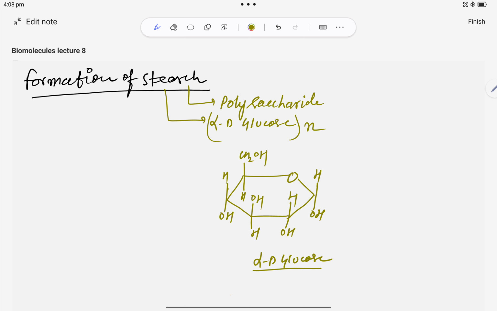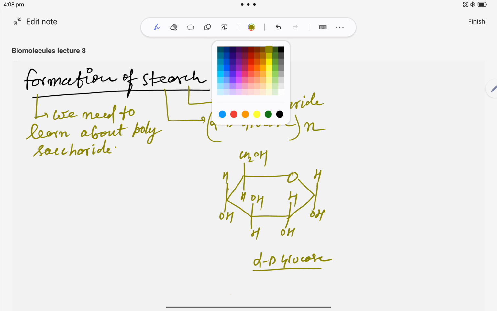We need to learn about the polysaccharide first. What is polysaccharide, guys?